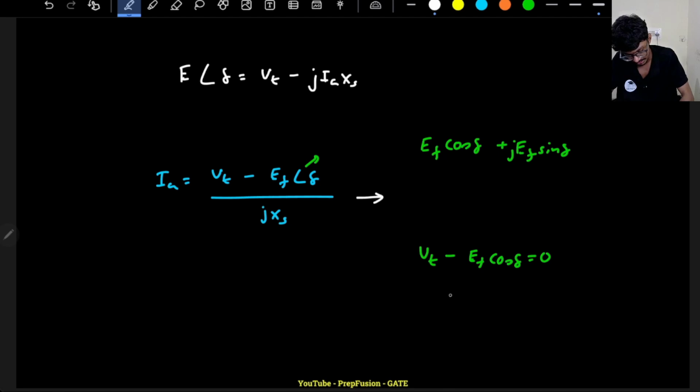I know my cos delta and I know my Vt, so from here I can easily find out my EF. EF will be Vt, 6.6 kilovolt divided by root 3, divided by cos delta.